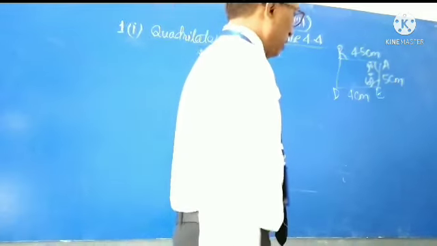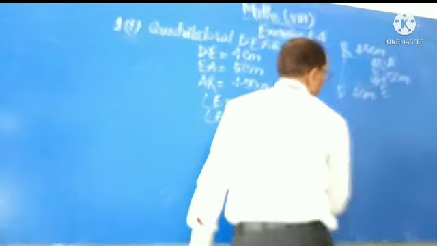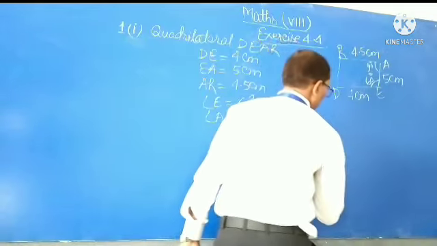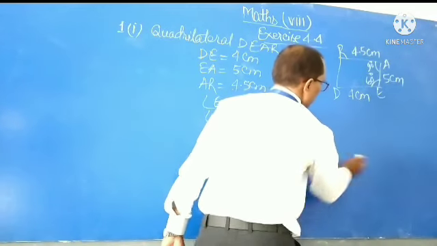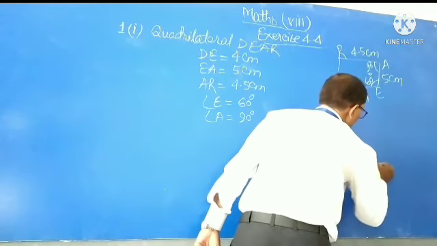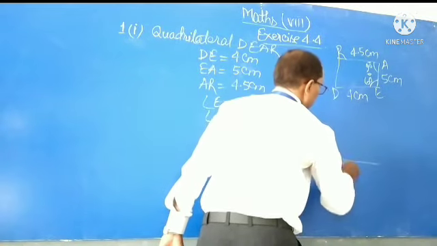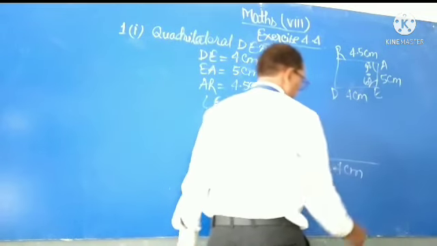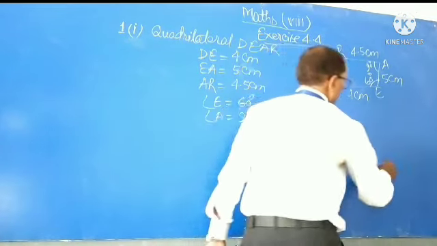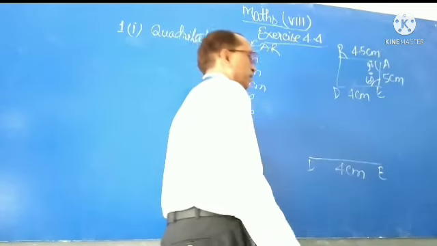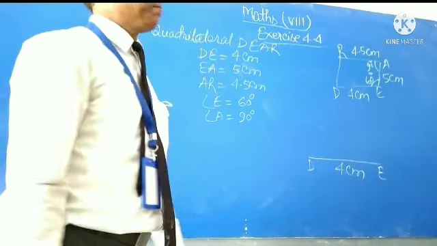First of all, you draw a baseline DE, whose length is 4 centimeter. You draw a line segment DE equal to 4 centimeter.